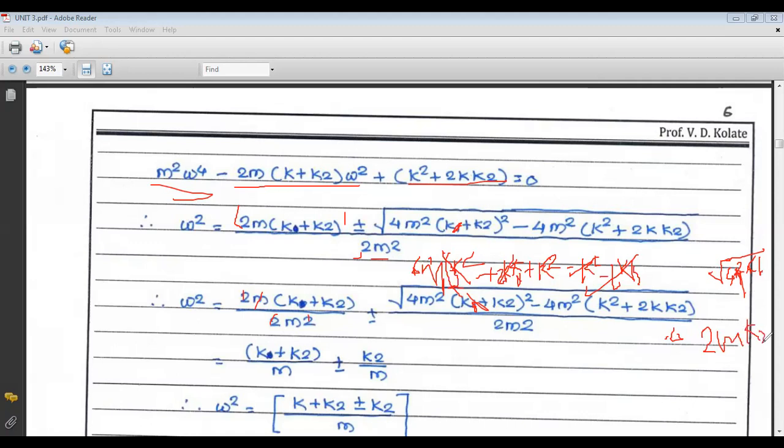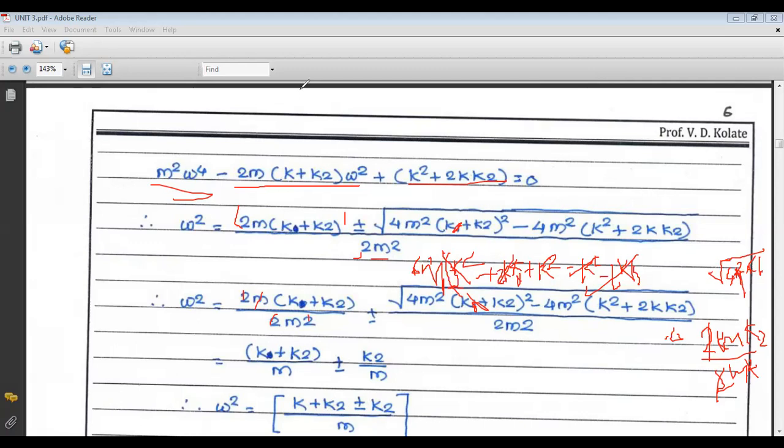So 2m k2 divided by 2m square. So m gets cancelled, this 2 again gets cancelled. So the remaining term is k2 upon m. So this is the value of omega square. Again m is common, so (k plus k2 plus or minus k2) divided by m.